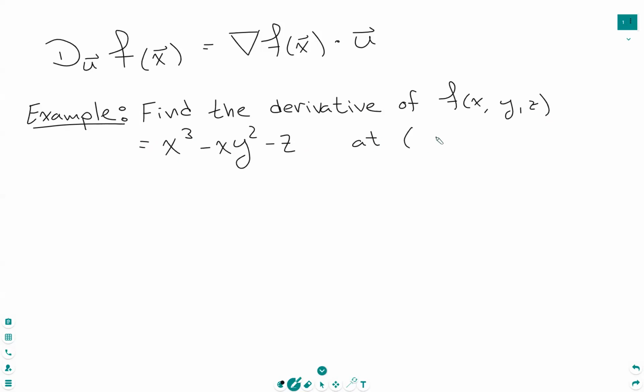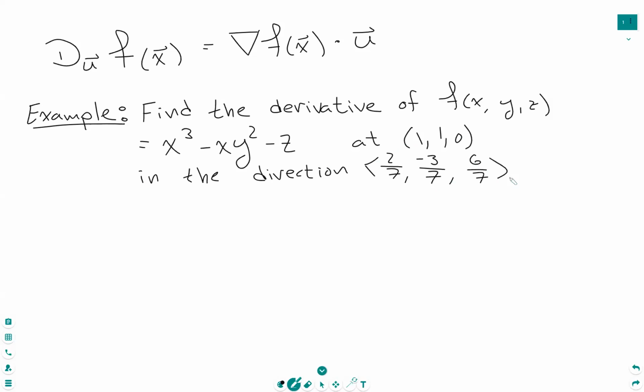We're finding this at the point 1, 1, 0. And we're going in the direction 2/7, negative 3/7, and 6/7, which is a unit vector. Okay, so we don't have to check if it's a unit vector. There it is.